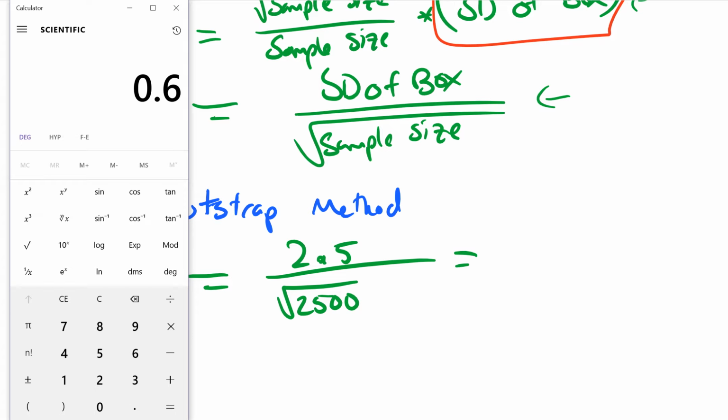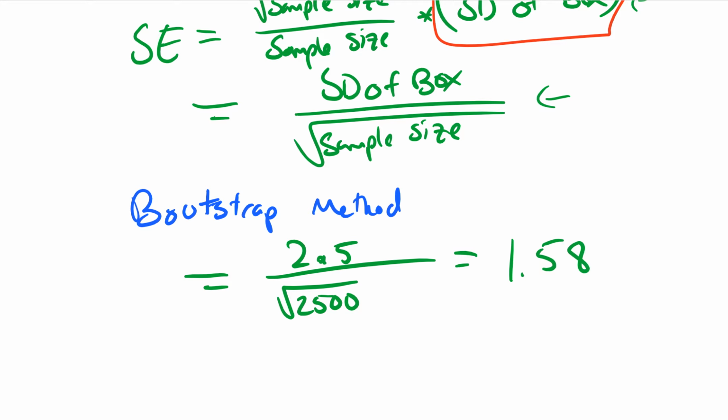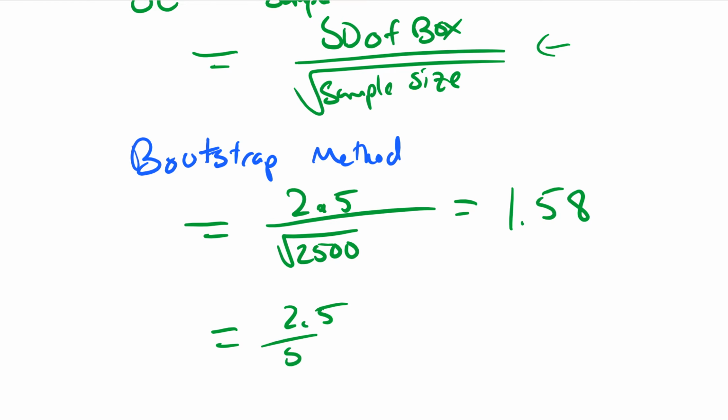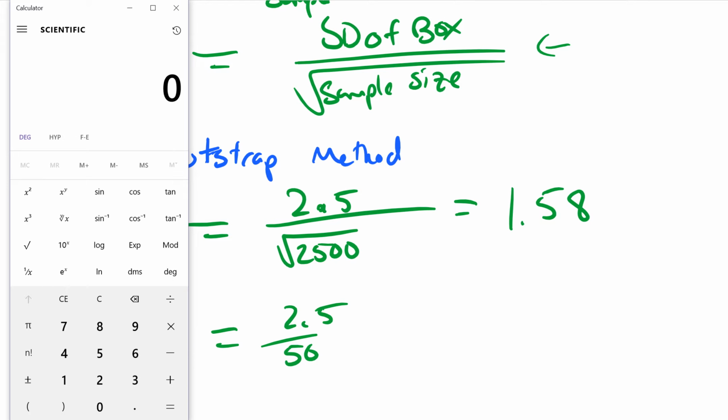So let's plug this into the calculator. I'm not entirely familiar with this. Let's try this. That didn't work, but that will. So I'm getting 1.58, but I want to double check that, because it should be 2.5 divided by 50, since 50 times 50 is 2,500.